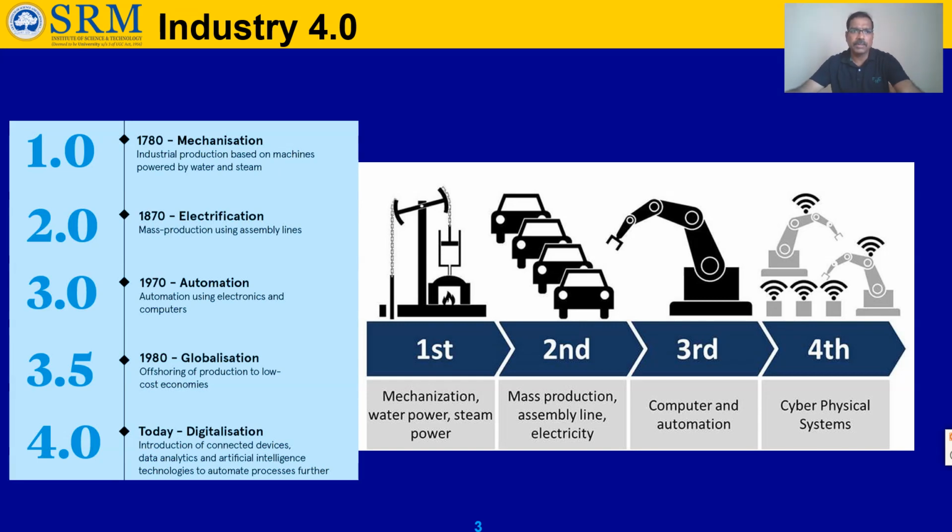They made it during the 1980s. That is when globalization started, and that is what people call industry 3.5. Then the fourth is what we are running now. We may have started thinking about industry 5.0, but industry 4.0 is still not implemented in most industries.